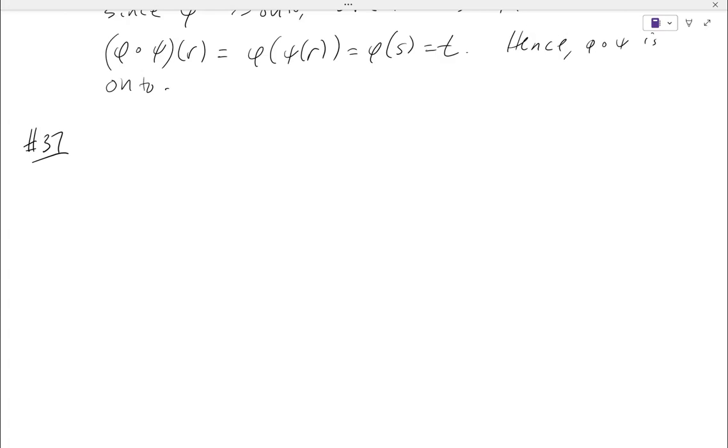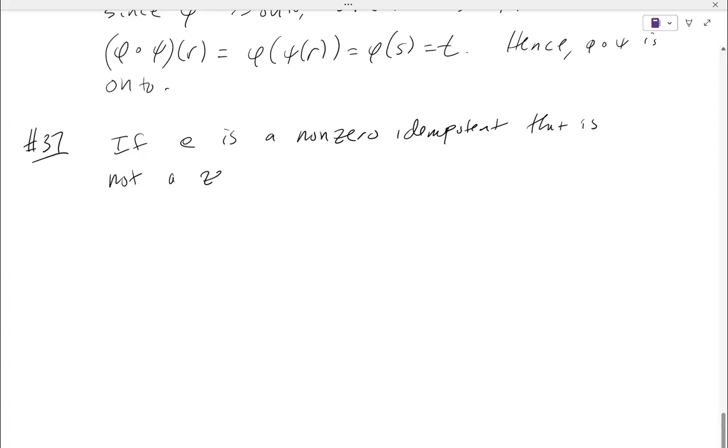Okay, so what does the idem part refer to? It's the square. The square is equal to itself. Good. So what this problem says is if E is a non-zero idempotent that is not a zero divisor, then E is the identity of the ring.